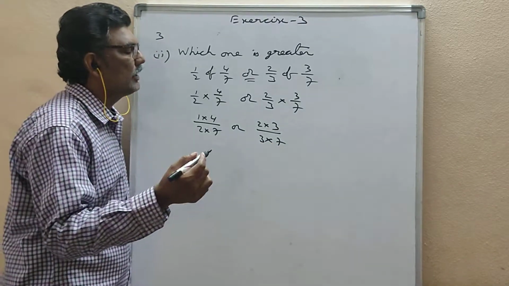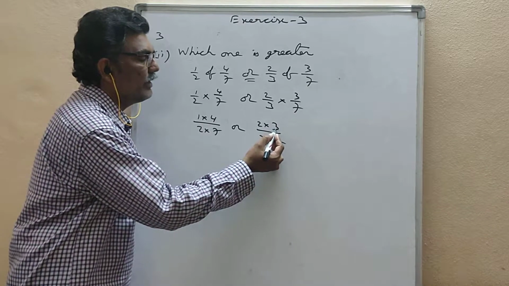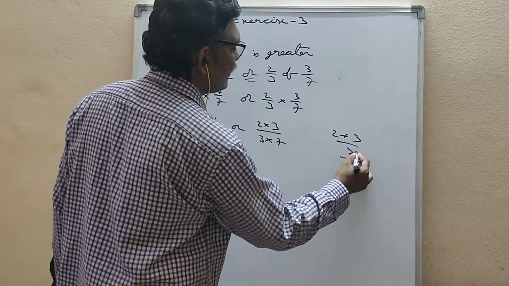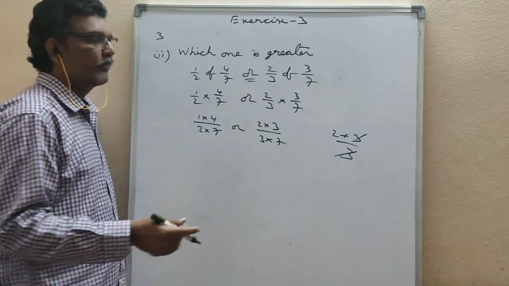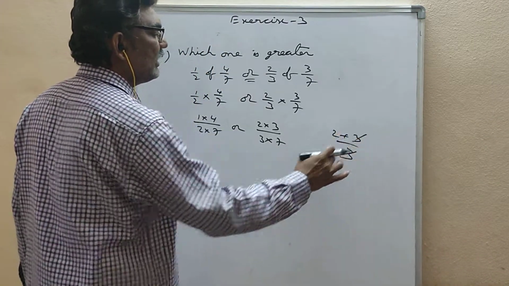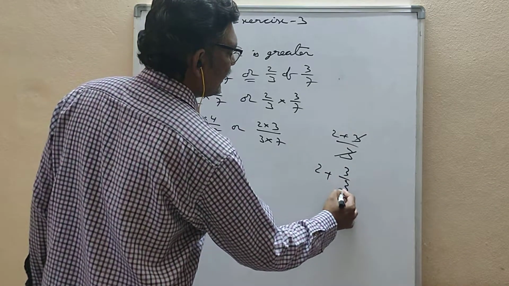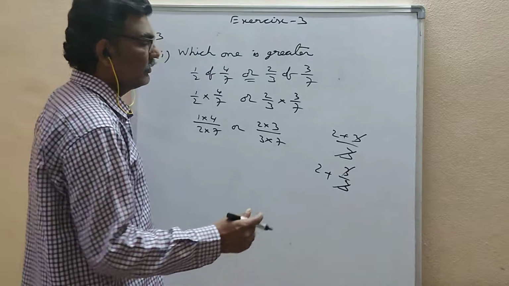Now what you are observing is 3 is there in the numerator, into is there.